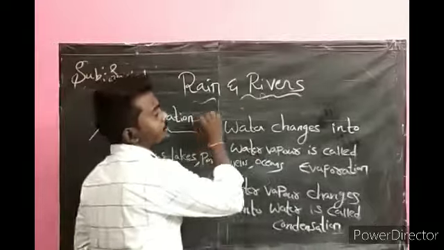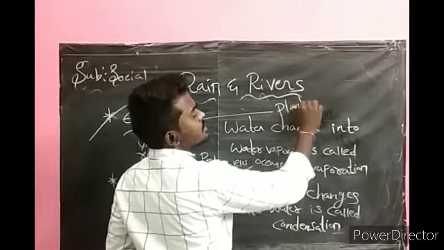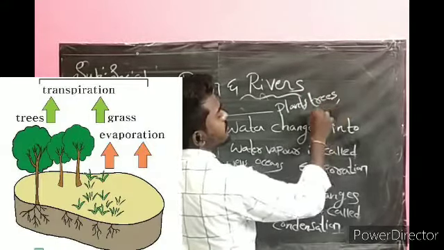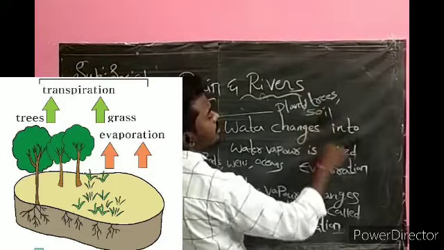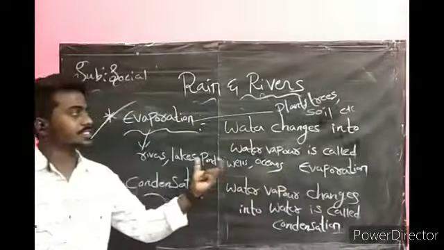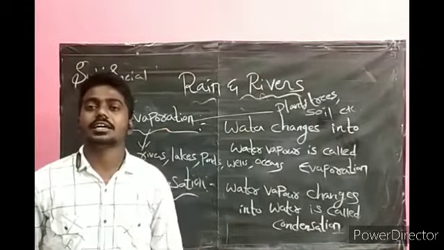And the evaporation takes place from plants also, from trees, from the soil, etc. In these water bodies and from the plants, trees and soil also, evaporation takes place.